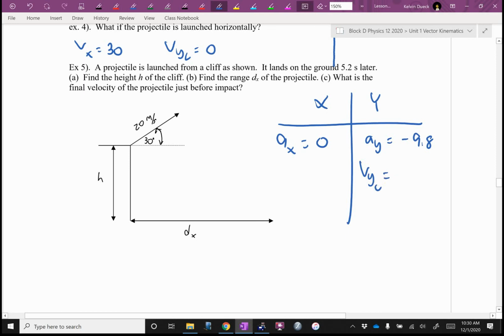Vy, is this horizontally from a cliff? Is Vy initial 0? Nope, there's an angle. Vy, really? Sine? It's going to be 20 sine 30. I think that's going to work out evenly. Double check me, but doesn't it work out to exactly 10? Yay.